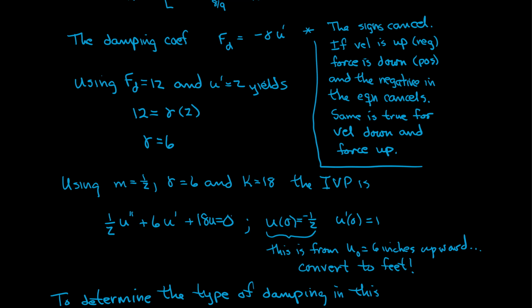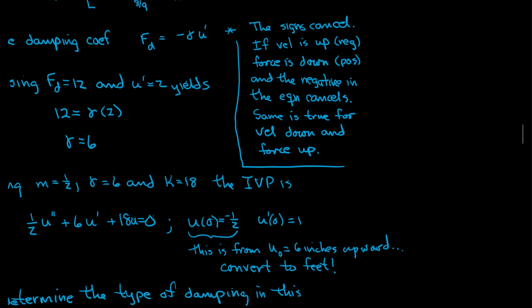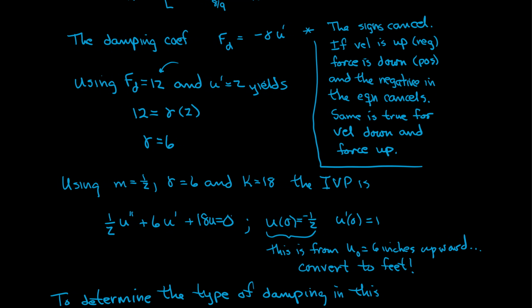Okay, so in this problem, we were told that you have a damping force of 12 pounds. There it is. We have a velocity of 2 feet per second downward. And if we substitute these into our equation, we wind up with 2 times gamma equals 12, or gamma is 6.